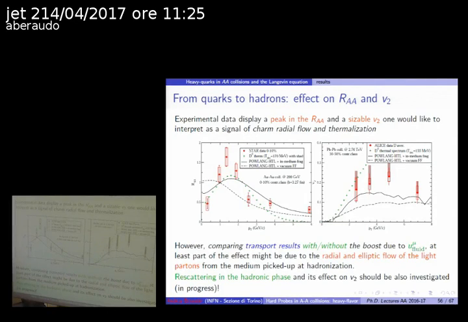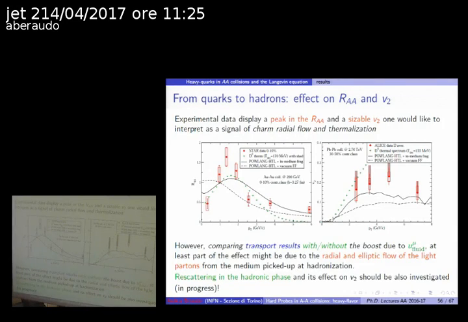But then, at the end, once the heavy quarks decouple, they are hadronized like in the vacuum, so with independent fragmentation functions. And you see, you are not able to reproduce this bump. However, by deciding to model hadronization in a different way and recombining charm with light thermal partons, you see that you get again a structure displaying a bump.